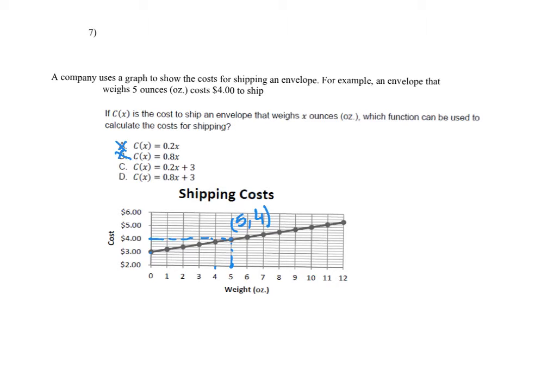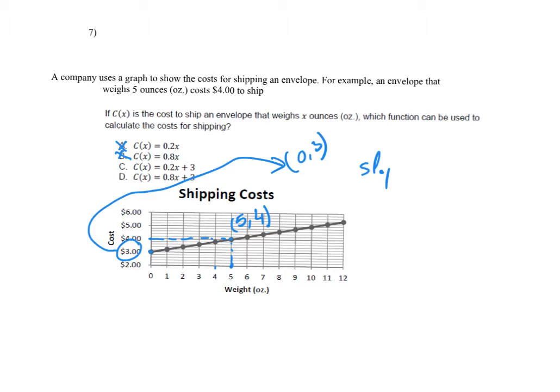Process of elimination. Now we want to know which one has the correct slope. We can calculate the slope. We have 0 and 3, that's going to be our y-intercept right here, right? And I can calculate the slope here.